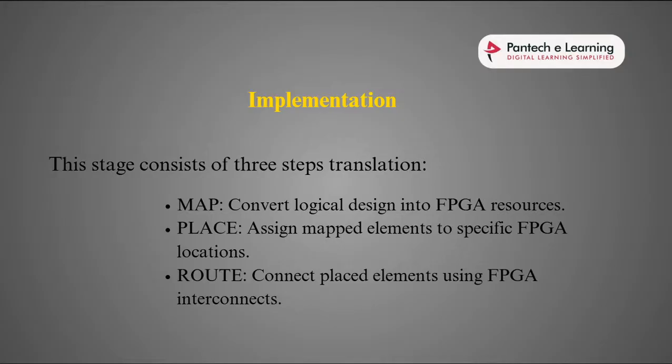Inside the FPGA there are a lot of pins, and we have to assign the pins for the inputs and outputs. All this comes under map, place and route. So we are assigning the transistors, CLBs, IO pins, and wires for the design logic.